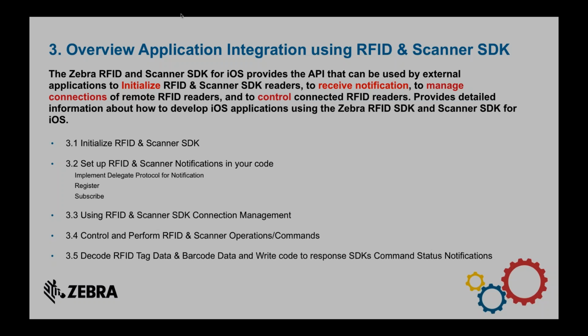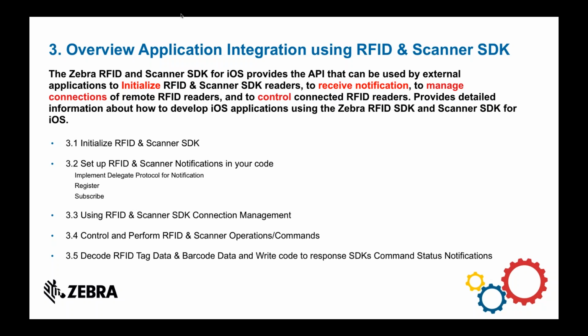Third step, I'll show you how to do RFID and Scanner SDK reader management for connect. Step 4 will perform some RFID tag reading and barcode scanning operations. And the last step, I'll show you how to decode the tag notification data and barcode data, and also how to write code to respond to command status notifications.